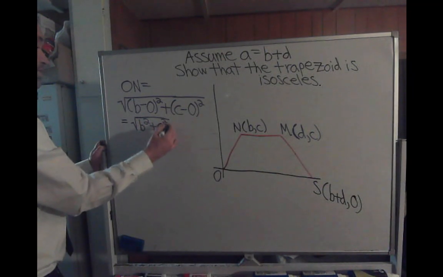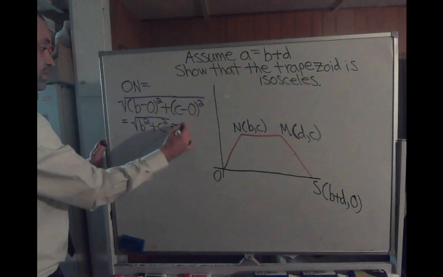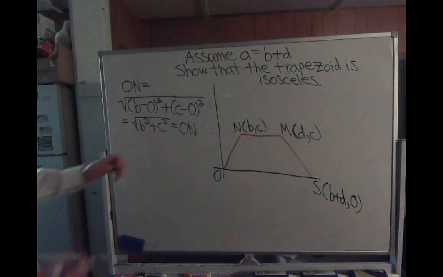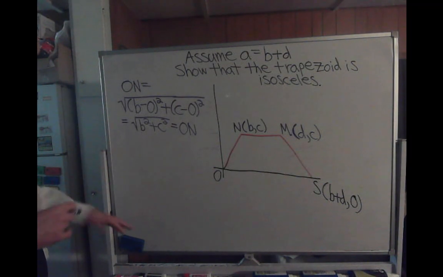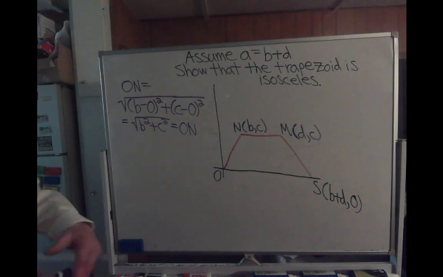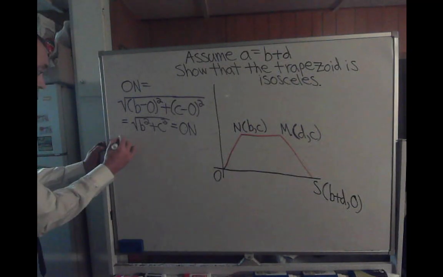That's all we can do for the distance, so ON is equal to the square root of B squared plus C squared. Alright, so we found ON. Now we need to find SM. Let's find SM.